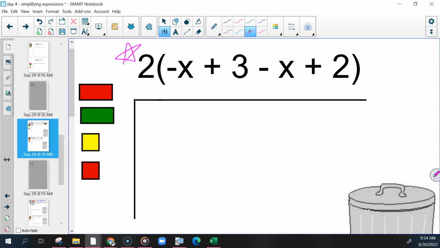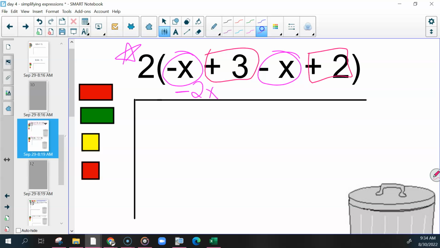What are our like terms? If we combine these 2 negative x's out loud, what would we get? Negative 2x. So be careful with our subtraction. We are starting at a negative and we're going further back into the negative. So negative 2x. And then we have these constants.